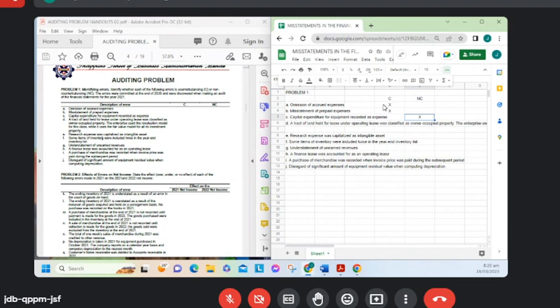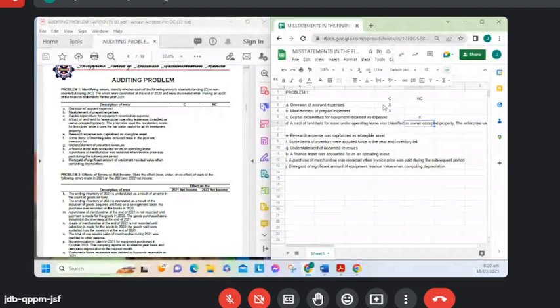So the entry will be a reversal of the expense through retained earnings, a debit to equipment, and then an entry on the amortization should be made. So that's for capital expenditure.